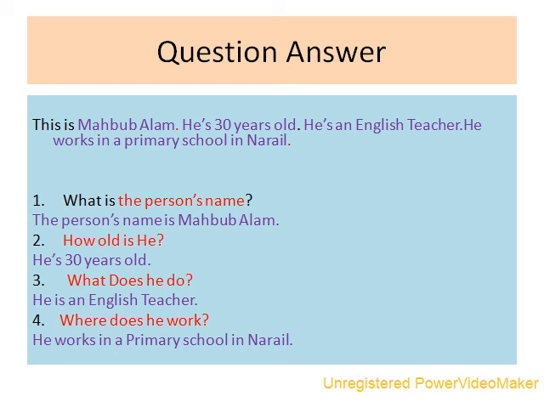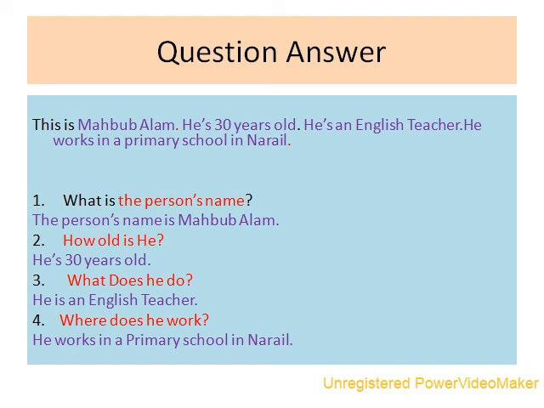Number one question, what is the person's name? The person's name is written in red color because you can directly take it in the answer. The answer is: the person's name is, from the passage, the purple color first sentence, Mahbub Alam.